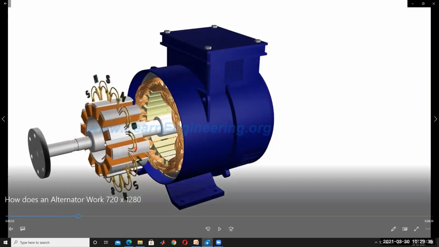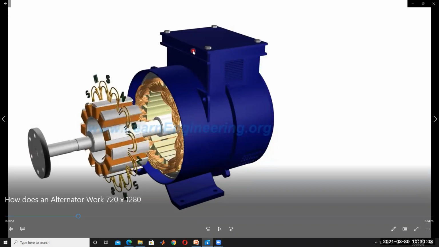When you give the power supply to this field winding, the north and south poles are developed like this on the rotor. This is rotating, driven by the external prime mover. Then the flux is generated like this, and the flux cuts the stator winding, and EMF is induced in it.